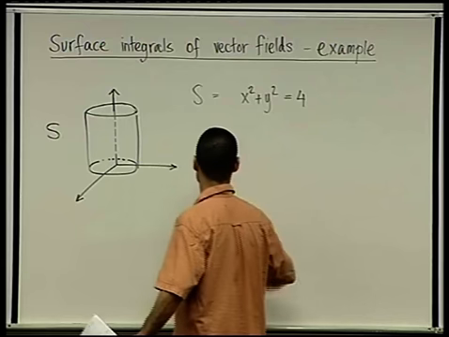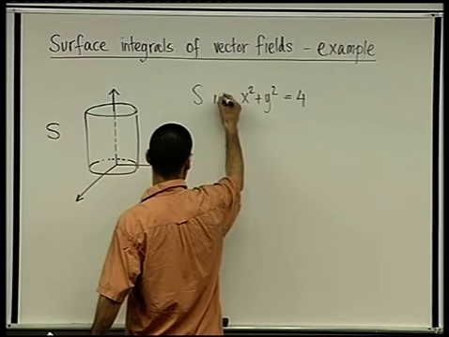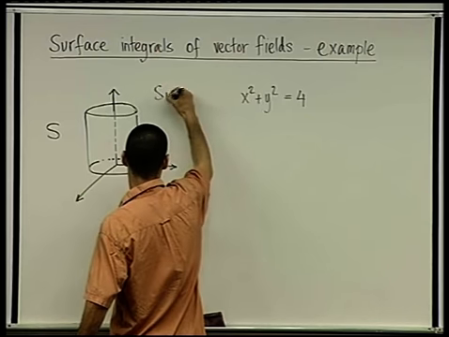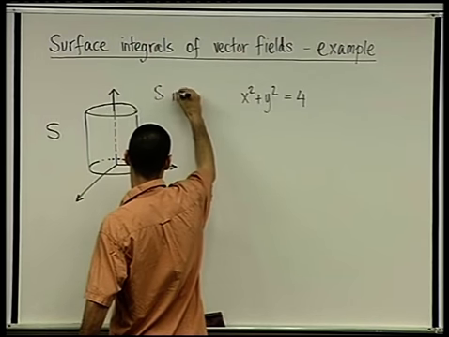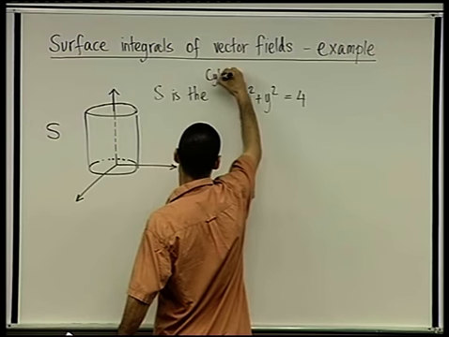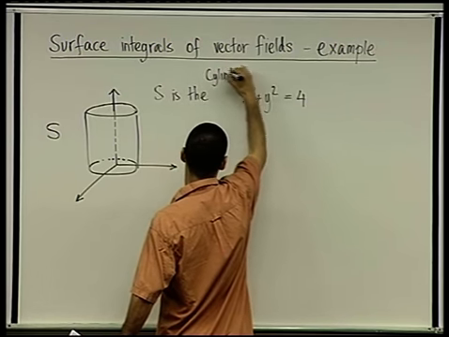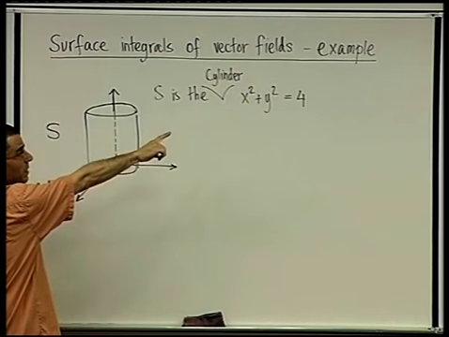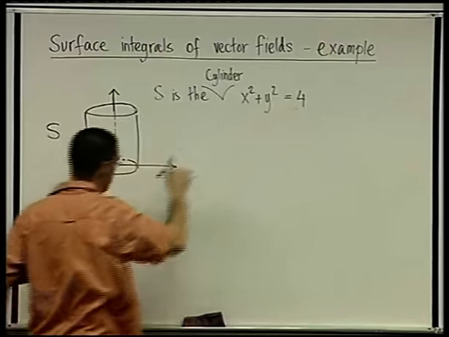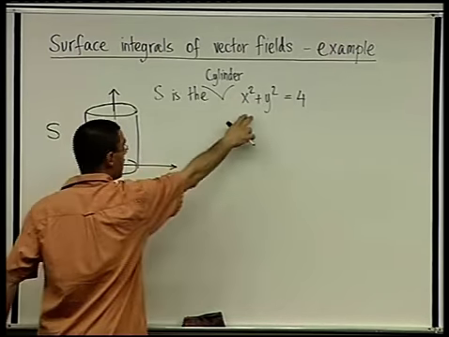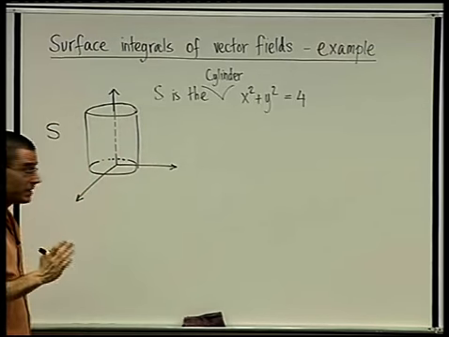S is the cylinder x squared plus y squared equals 4. Remember that when we write that, there's no z's here, but in 3 dimensions it's a cylinder, right? It's all the points that satisfy this, independent of what z is.